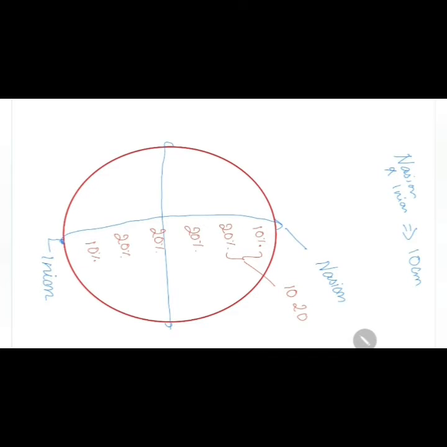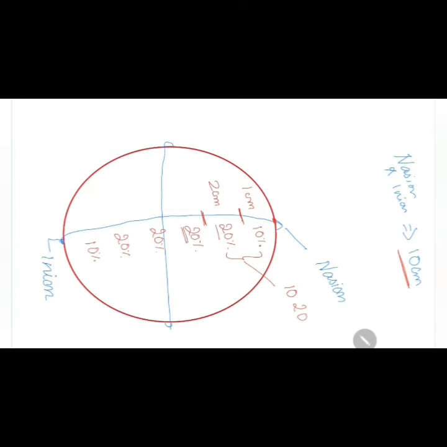The first electrode is placed at a distance of 10 percentage from the nasion. This is nasion. We just saw that in this example the distance is 10 centimeter, so 10 percentage of the distance will be 1 centimeter. So the first electrode is placed here, then the second electrode is placed here, which is 2 centimeter away from the first electrode, because 20 percentage.